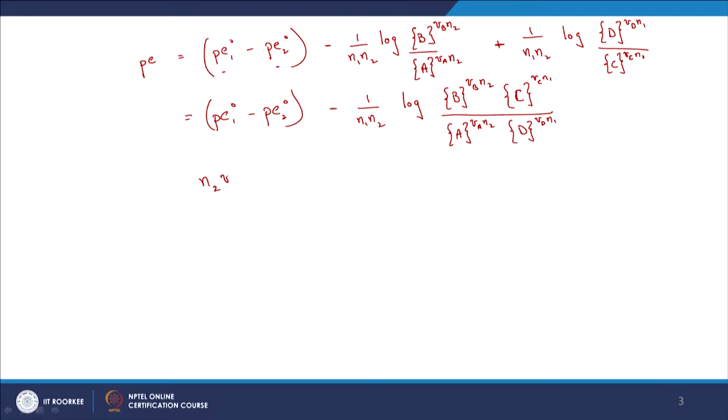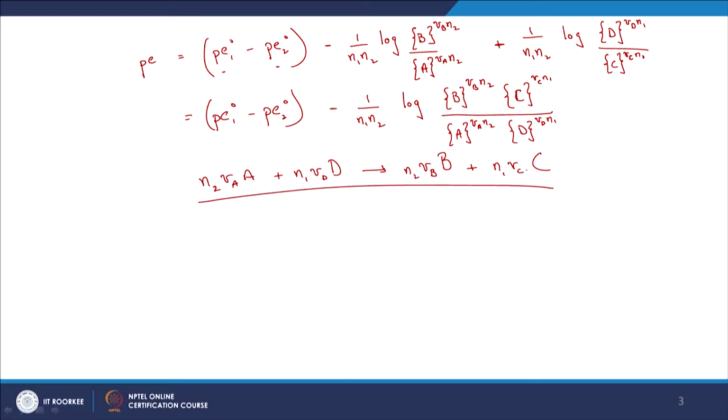N2 times mu A plus N1 stoichiometric coefficient D will go to N2 stoichiometric coefficient of B plus N1 stoichiometric coefficient of C. If we look at this particular reaction and look at this set of variables here, what is that equal to now? You see that is nothing but equal to Q for this particular overall reaction.